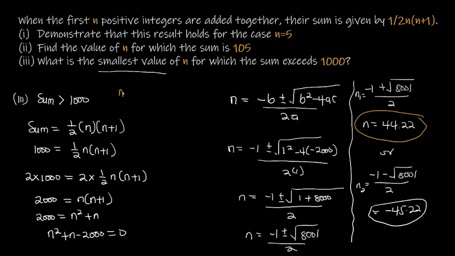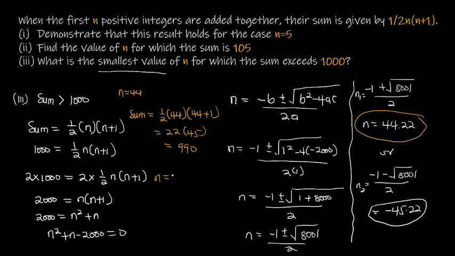The sum will be equal to a half multiplied by 44 multiplied by 44 plus 1, and this will give me 22 multiplied by 45, which is equal to 990. So it means that n has to be greater than 44 as an integer.